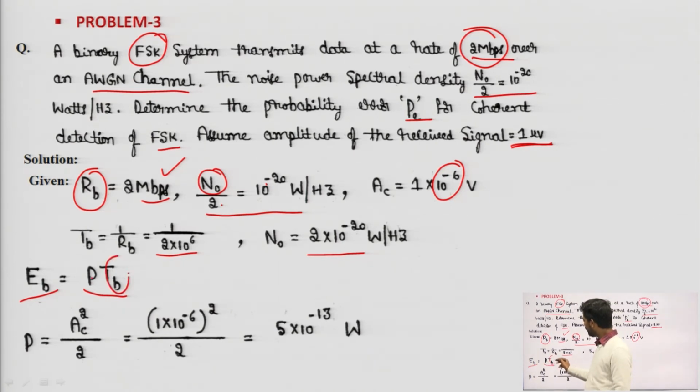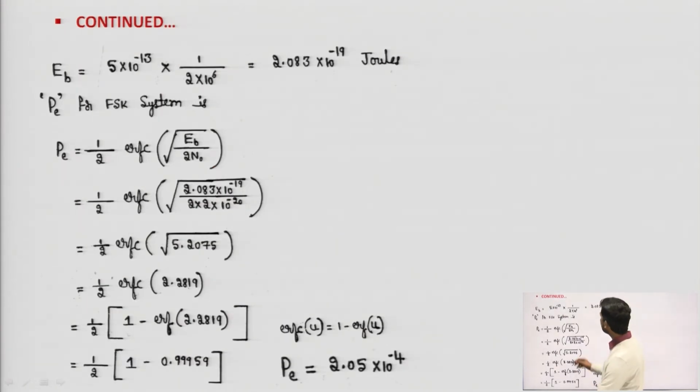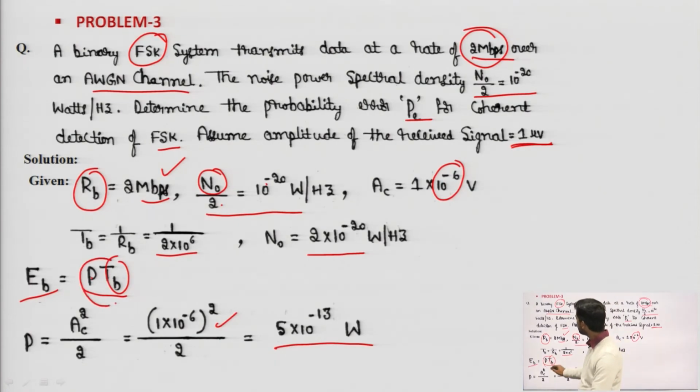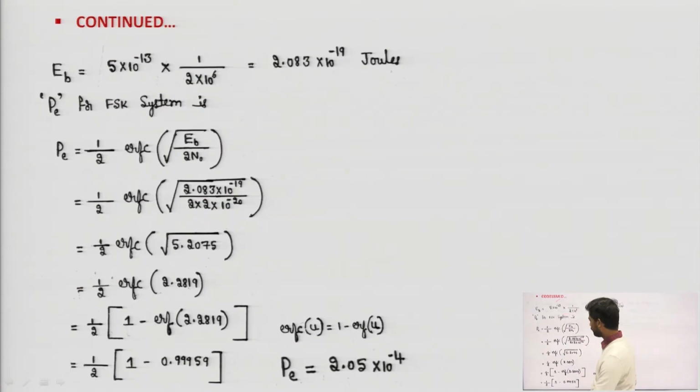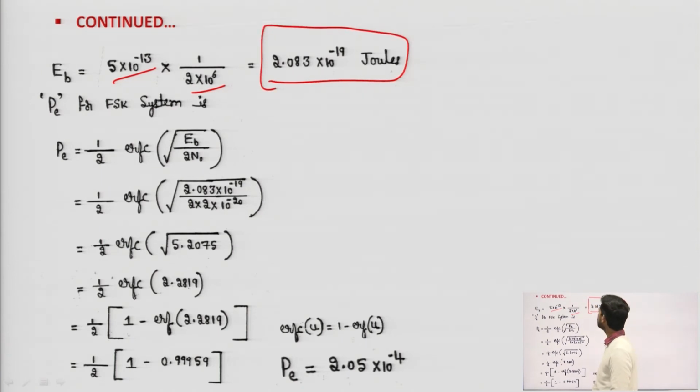I know TB, but I don't know P. P equal to A square by 2, so A square by 2 equal to 5 into 10 to the minus 13 watts. Okay. So now EB equal to P times TB, P is this much, TB is this much, and it is nothing but this much of joules.